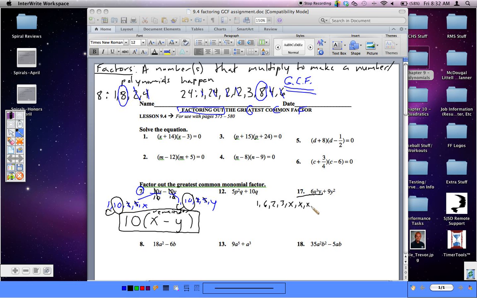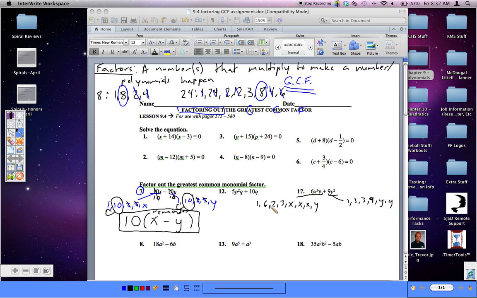And lastly, I would have the y going on the end. Then I have 9y squared. That would be 1, 9, 3, 3, y times y. Because 1 times 9 times y makes 9y squared, and 3 times 3 times y makes 9y squared.